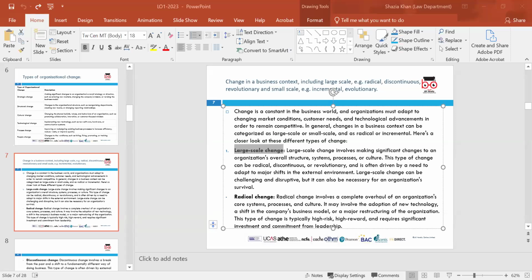What about if you need to invest more in training for your employees? If an organization needs to get their employees to gain some new skills, and they need everyone to have the same skills, could that be a large-scale change, because everyone needs to be trained in a certain way?